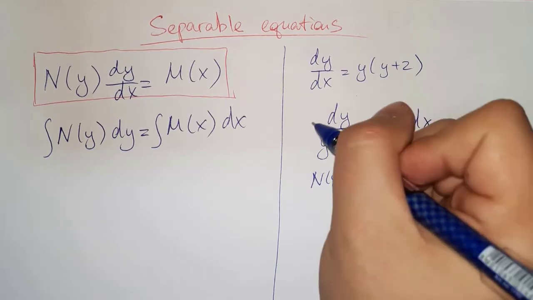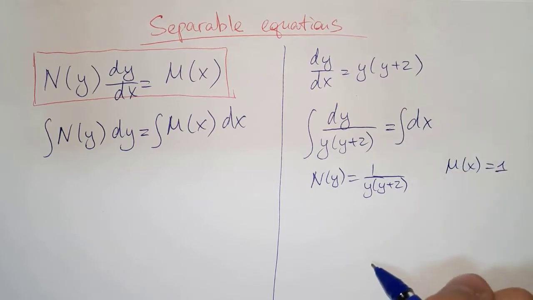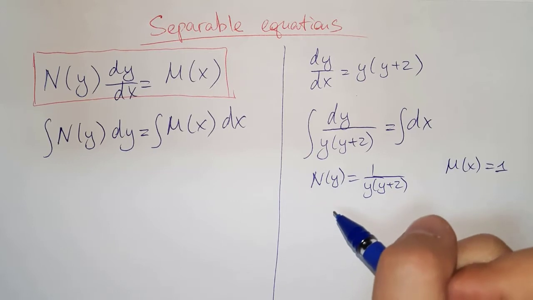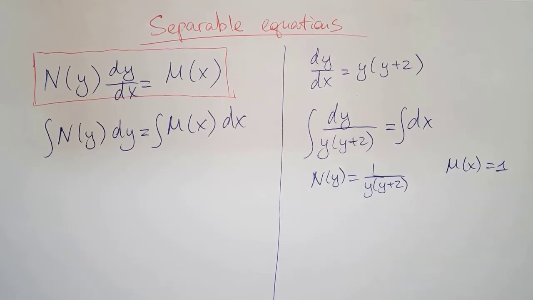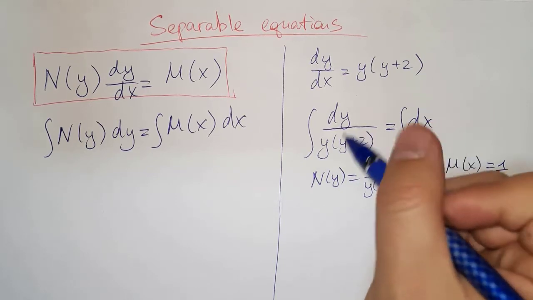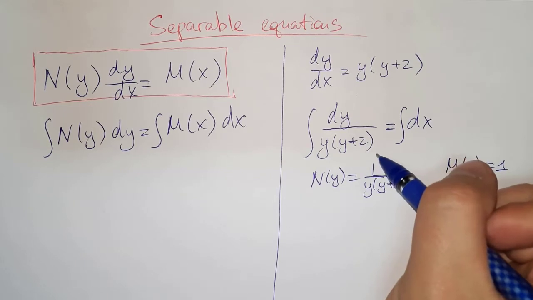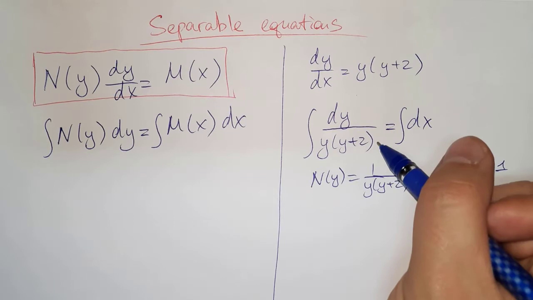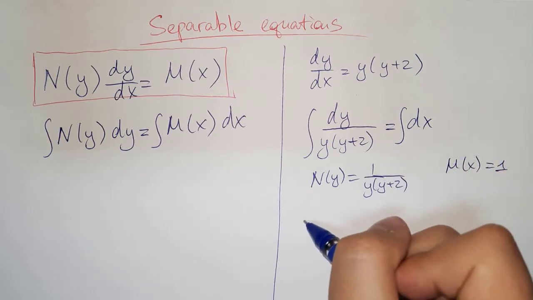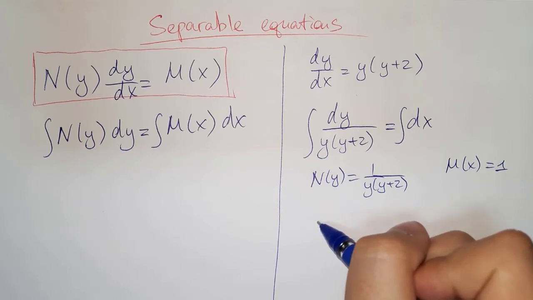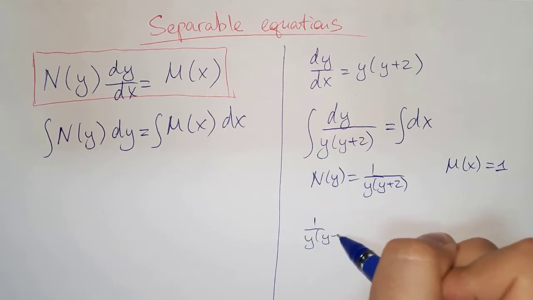Now what should we do? Just integrate. If we integrate, we have the integral of a rational function, and we need to decompose it firstly. After decomposing, 1 over y times y plus 2 is 1 over 2 times 1 over y minus 1 over y plus 2.